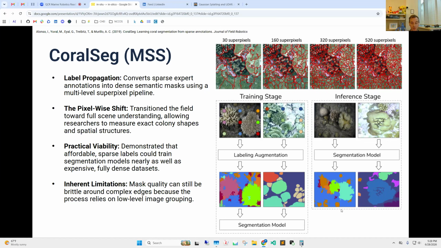What's even better is that you can then train your models on those new augmented dense masks, and then apply them to novel images that you collect the next field season. So you automate this technique. That's the rationale for why you would want to move towards dense masks. This particular technique uses superpixels, which are just groupings of pixels, mostly weighted based off their proximity in pixel space, as well as their color in color space.